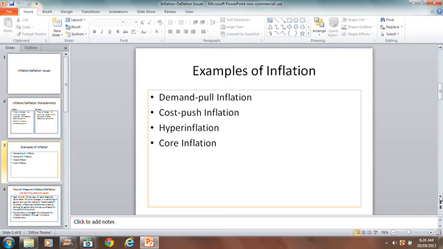Another type of inflation that we on occasions will sometimes detect is called cost push inflation. And cost push inflation is going to originate from the supply side. It's where the cost of resources go up throughout the economy, and that tends to cause prices to rise.